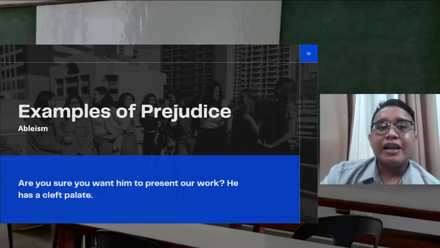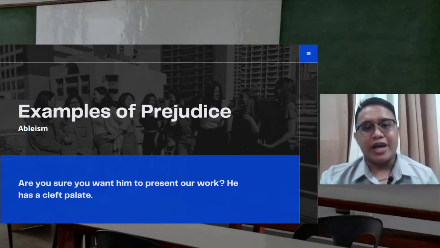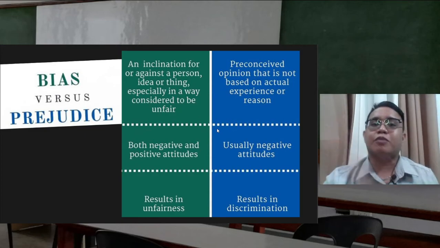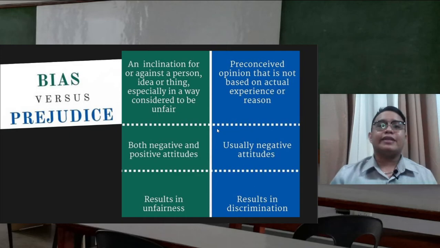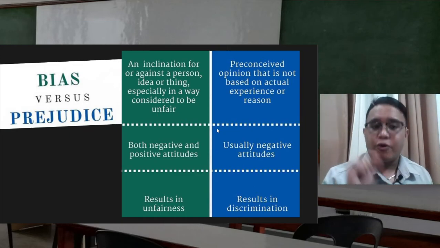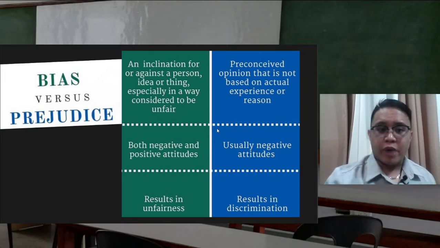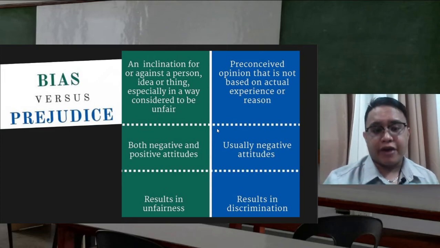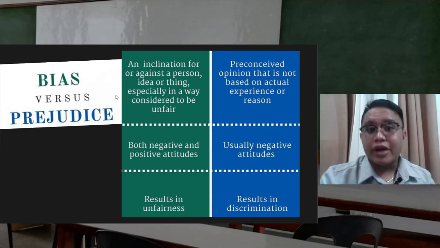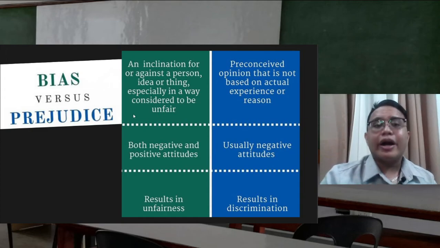Now, let's differentiate bias and prejudice, bias being the green and prejudice being the blue. Bias is an inclination for or against a person, idea, or thing, especially in a way considered unfair. That means it's just an inclination, a preference, for or against a person.